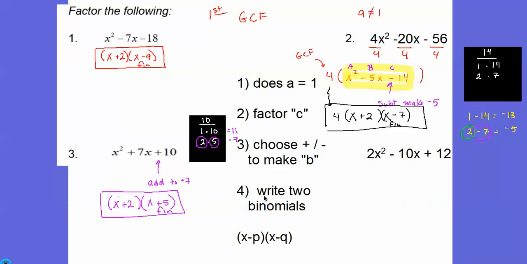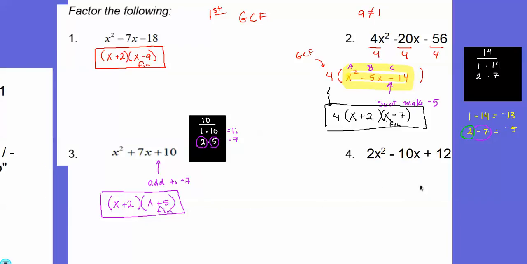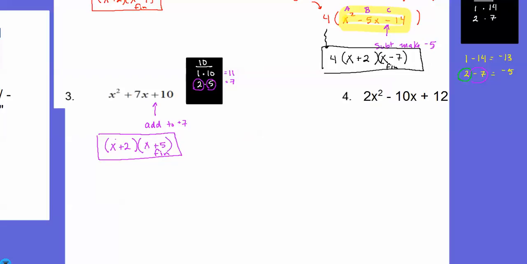Alright, next problem. Looking at this one here. I just lowered the page so I have a little more workspace. Not a equals 1, but remember, first is a GCF. Must do this first. So, I look and I see that each of these terms can be divided by 2. What I have as a result, there is my GCF.